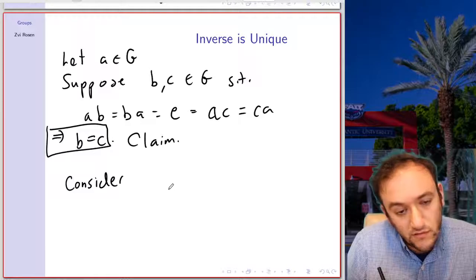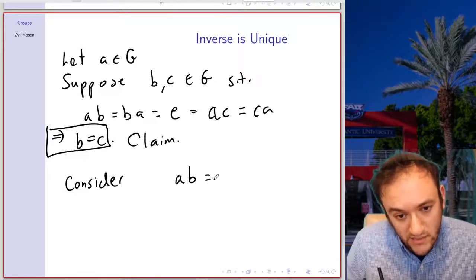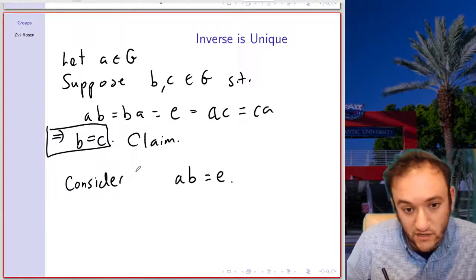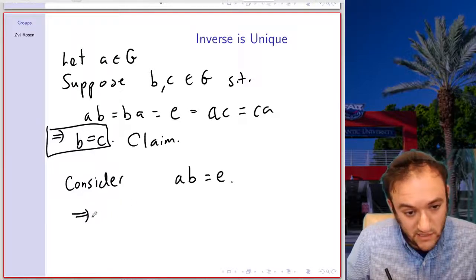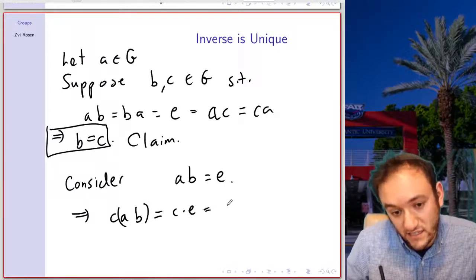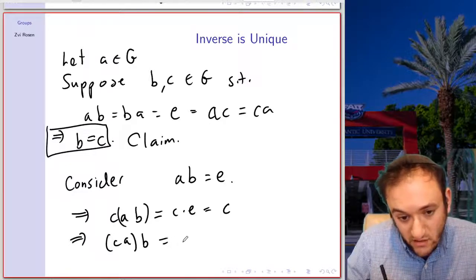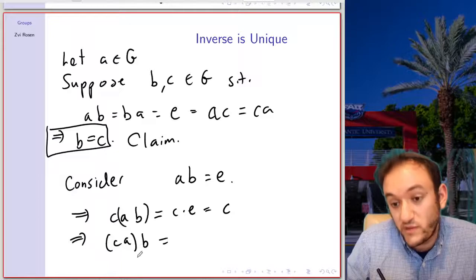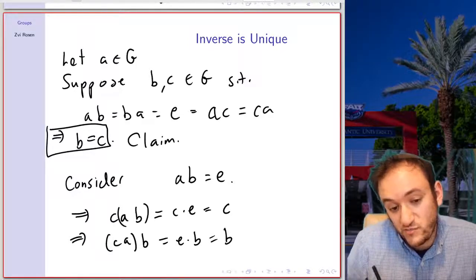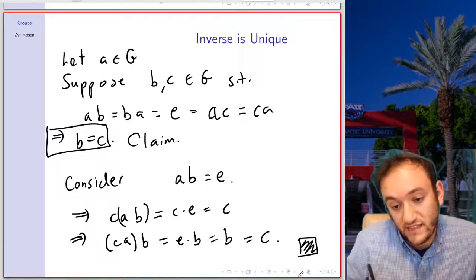If we have AB equals E, if we multiply on the left on both sides by C, because these are two-sided inverses, this means that CAB equals C times E. All right, obviously E is the identity, so this is just C. But then by the associative property, CA times B equals, well, CA is supposed to be an inverse, so this should be equal to E times B. But E is the identity, so this should just be B. And that means that B is equal to C, which proves that these two inverses are the same.